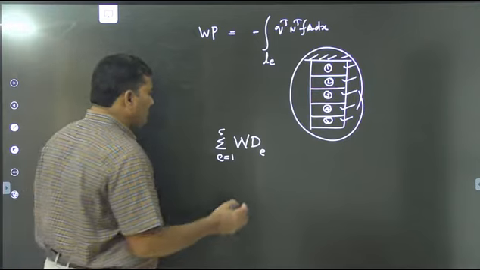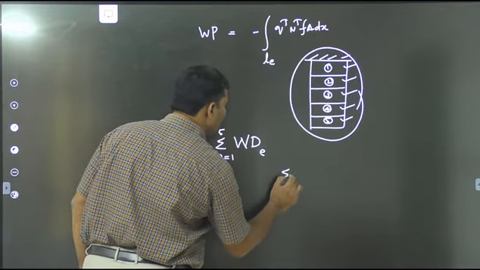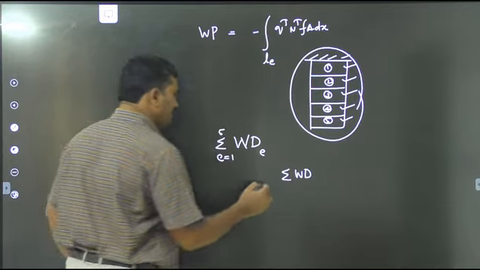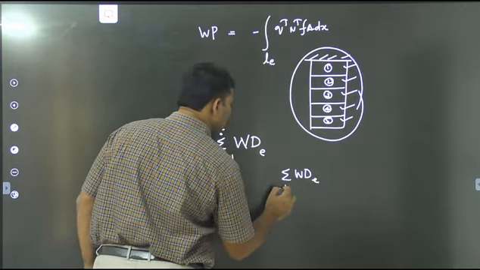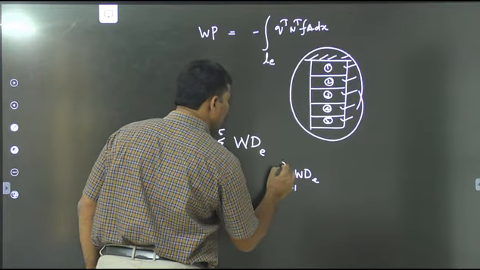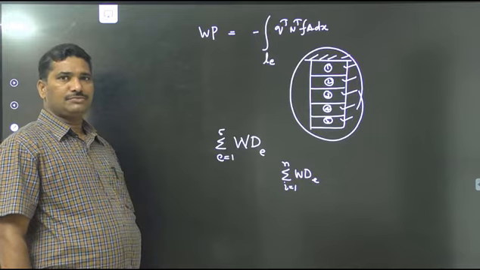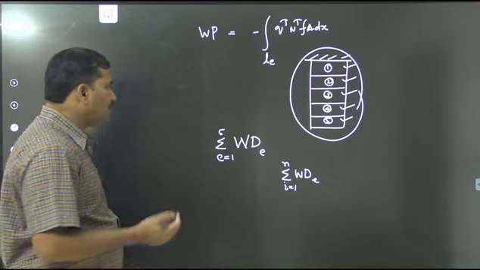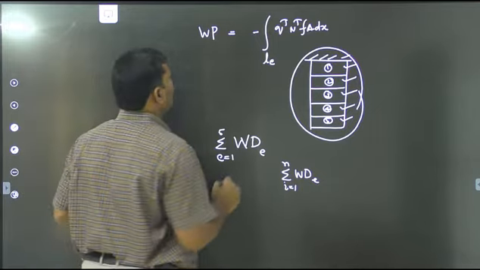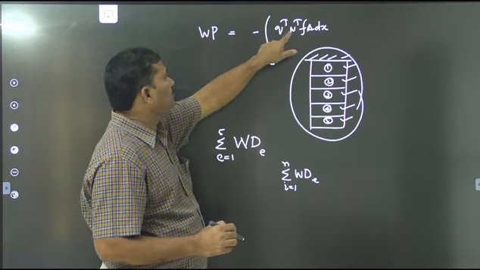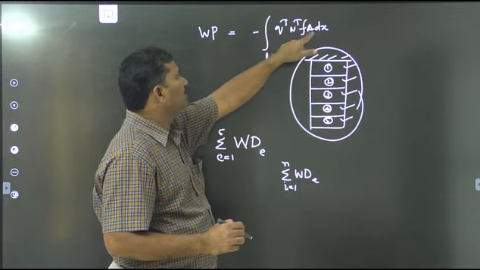If there are n elements, then you write the sum of work done by the body forces of all the elements, where I varies from 1 to n. Now the work done by the body force for each element: what is the expression? Integral over the length of the element of Q transpose into N transpose into Fa into dx.